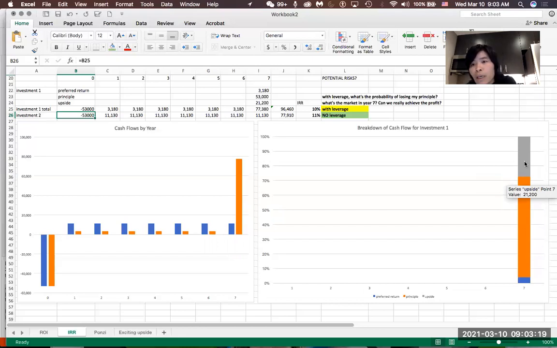So you end up, okay, selling, still making money, but less than that, right? So then this gray part, how big is that? That's also, you need to put a question mark there. What's the probability of making the projected return? So that one you also need to ask yourself.